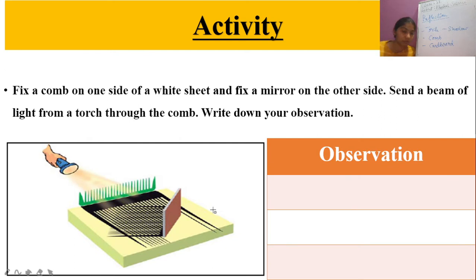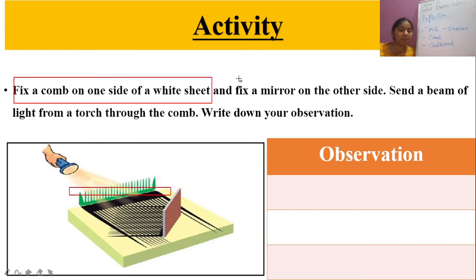So students, let's see how the activity has been formed. You have to fix a comb on one side of a sheet of white chart. So see, this person has fixed the comb. Now fix a mirror. Didn't you notice that this is a mirror? Yes, so mirror is also important. Fix it on the other side.